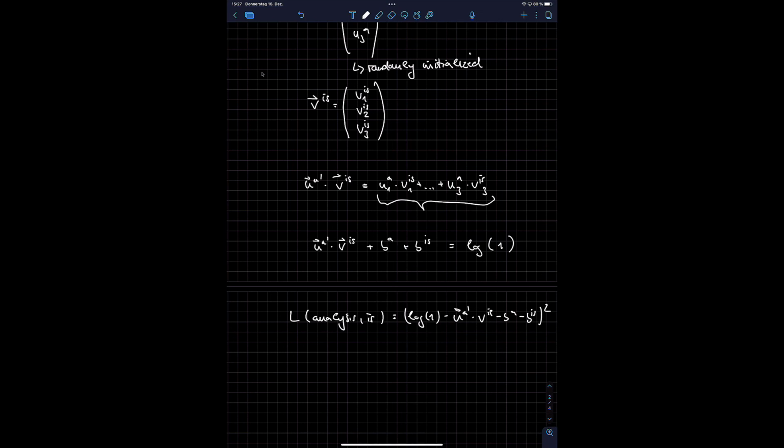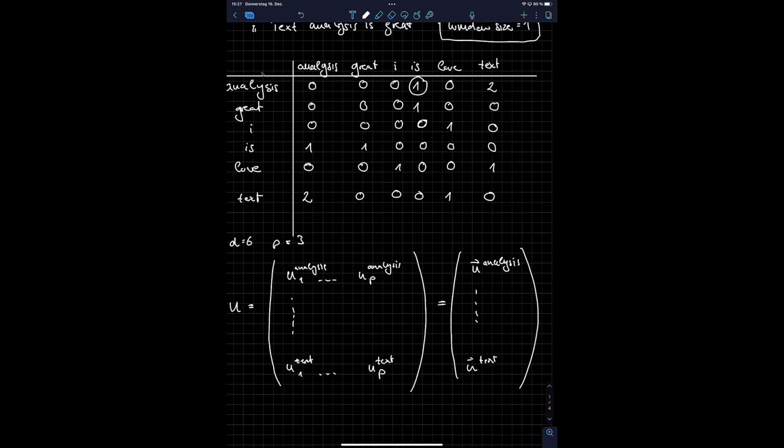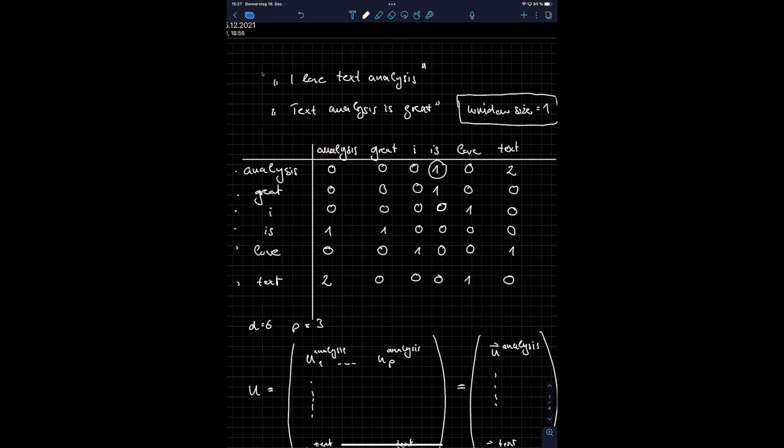Okay, and obviously we are not only going to do this for this single co-occurrence couple of analysis and is. In our small example, we would iterate through all the non-zero co-occurrences in the matrix and proceed in the same way.